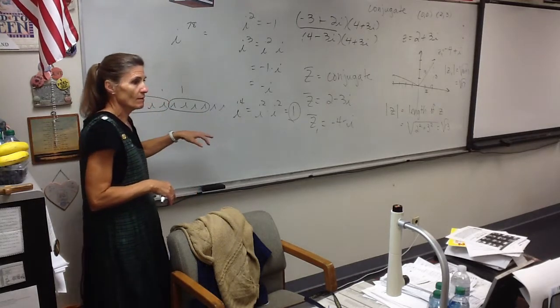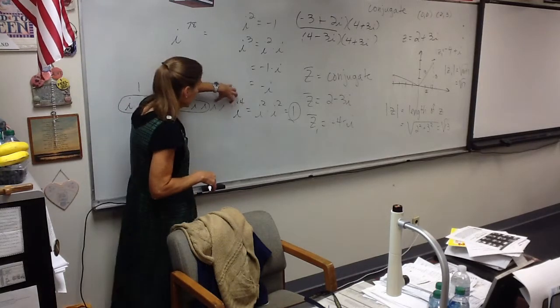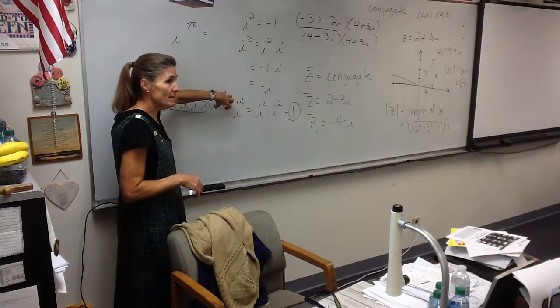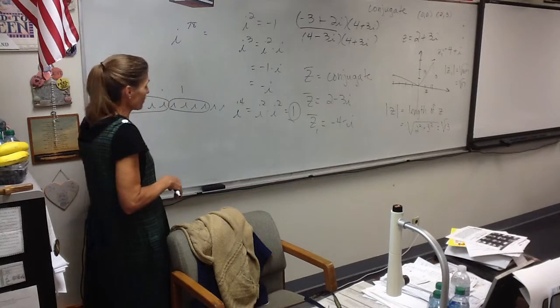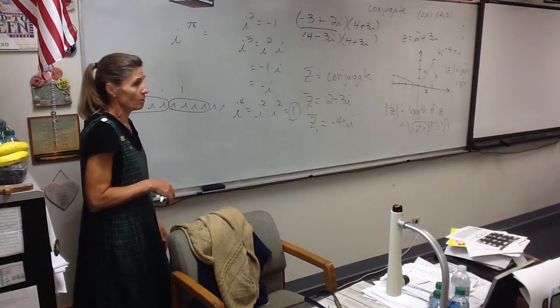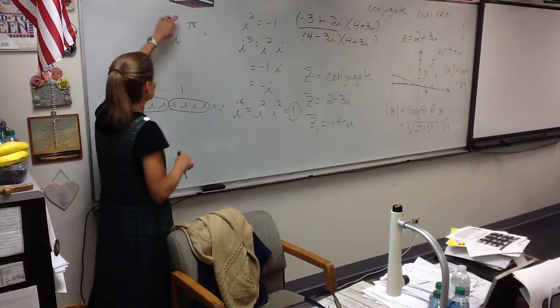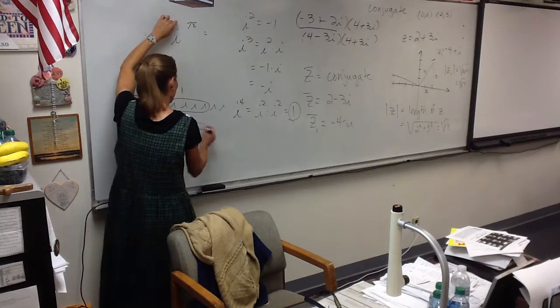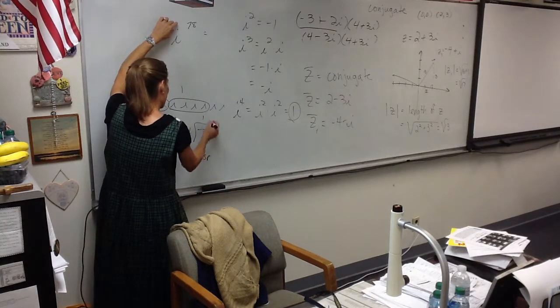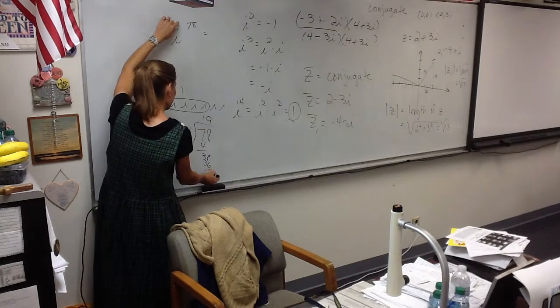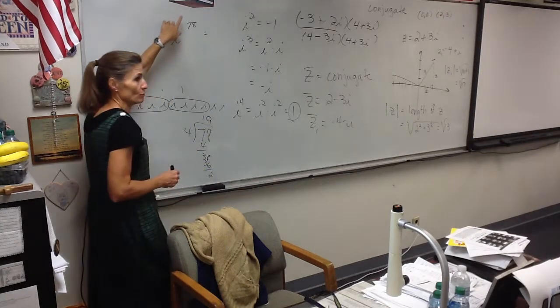At the end, how many of them don't get circled? How can I figure that out without writing them all out and circling them all? I could take 78 and divide it by 4, and I would get 19 with a remainder of 2.